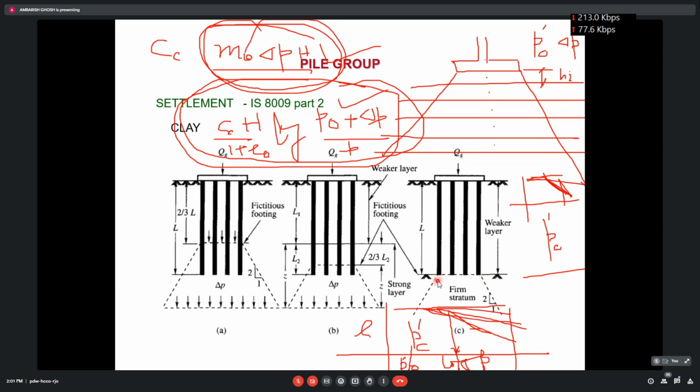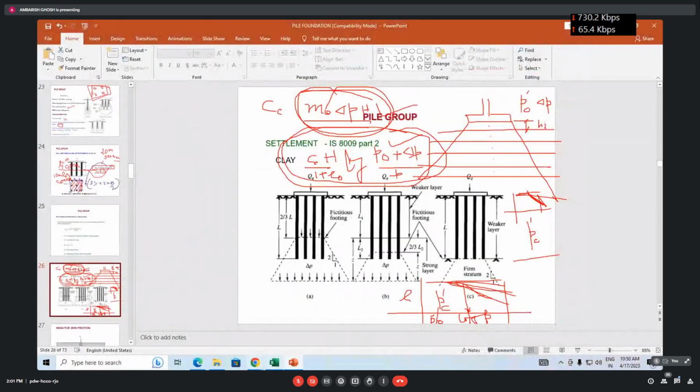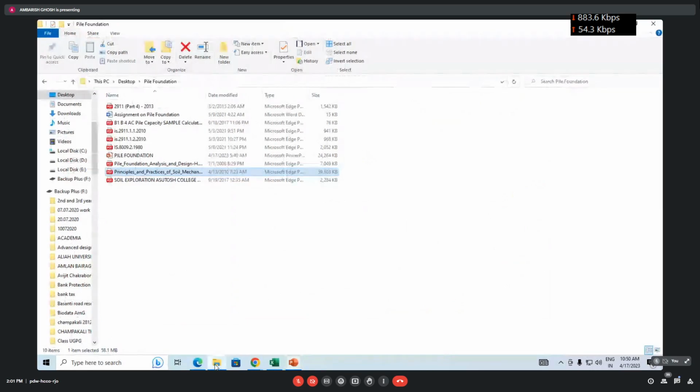So there we assume as if the shallow footing is here and the load dispersion starts from the bottom of the pile. So these three cases, you look into it, and accordingly you apply the settlement calculation formula that you have read in shallow footing. So that's why I give emphasis on calculation for the shallow footing part.